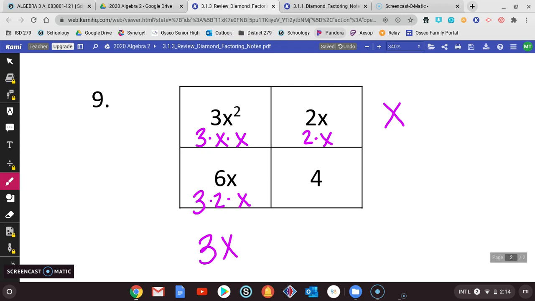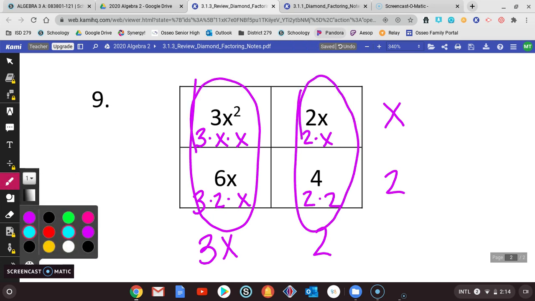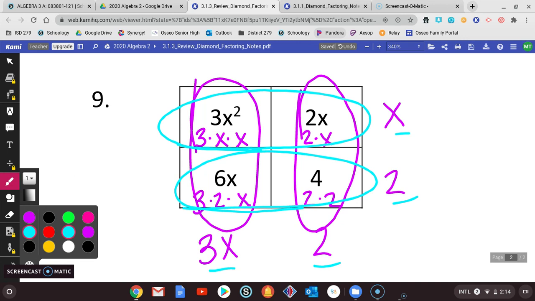Now you're going to do it the same way, but again, we are going to go up and down and side to side. So if you go side to side, they both have a 2. Now if you look up and down, they both have a 2. So there are my GCFs. So I want to look this way and this way, and then I want you to look this way and this way. So you actually do it 4 times and you get 4 answers. Okay.